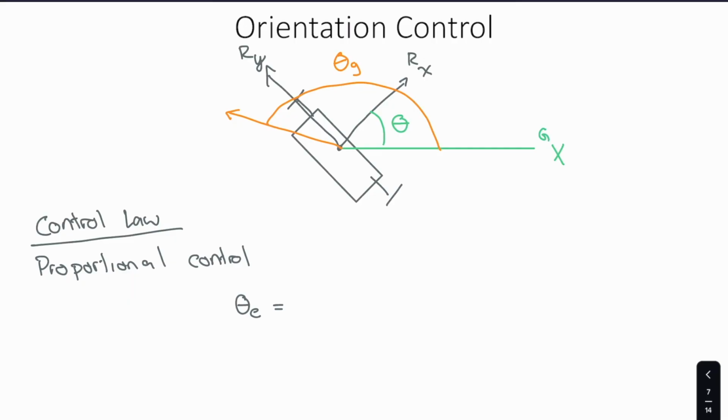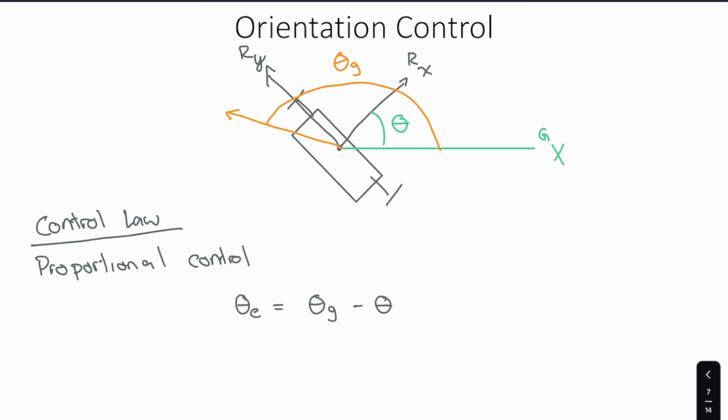And we'll set that equal to theta for the goal minus our current value for theta. And of course we don't have to define it that way. I just find it easier to define it in a way such that if theta g is larger, meaning I still need to rotate in the counterclockwise direction, I end up with a positive value, which means I need a positive rotation.